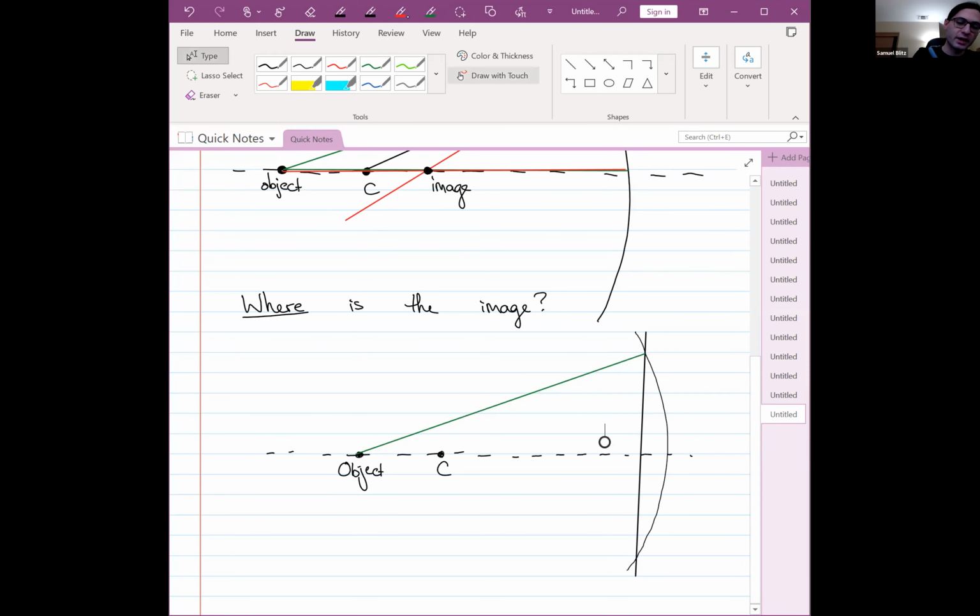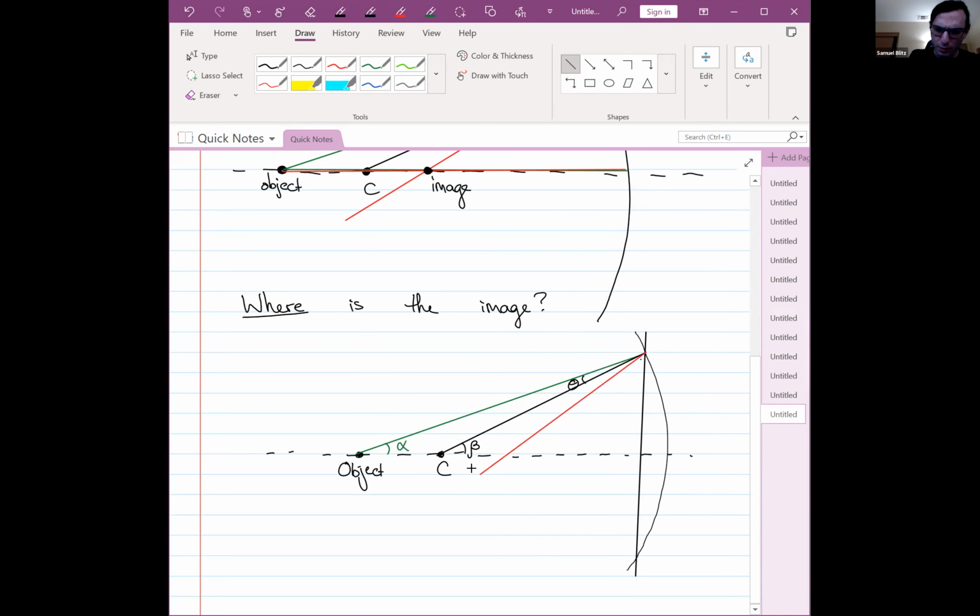We're going to call this angle alpha. Now we need to do the same thing for a ray from the center that ends up at the same place. Call that angle beta. Greek letters, by the way. And then we know that these angles are the same, the angle that comes off the reflection.